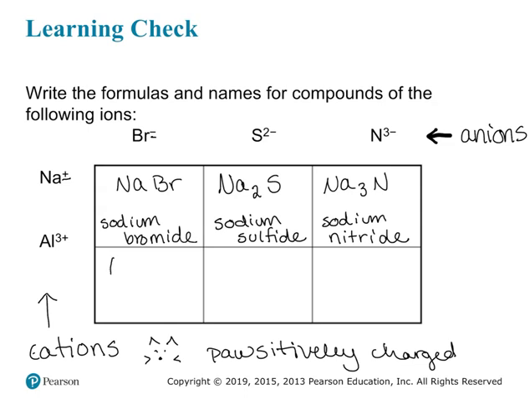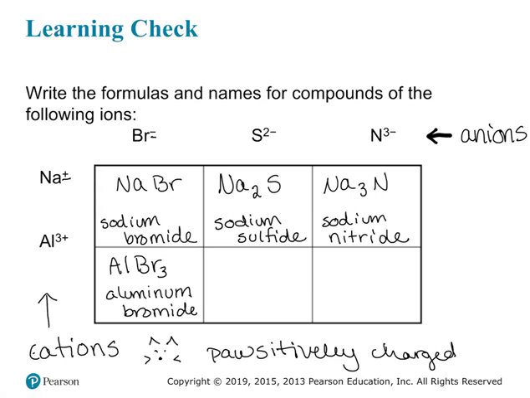So we have AlBr3. And how do we name this compound? So again, we just name the metal like we normally would, so aluminum. And then the nonmetal we already saw above is bromide in its ionic form.